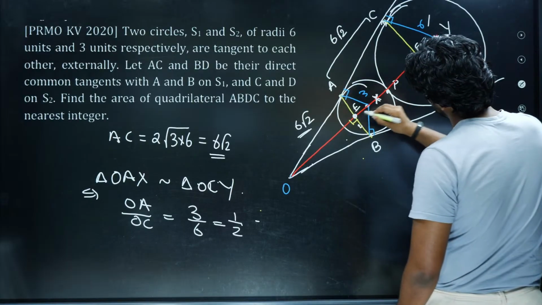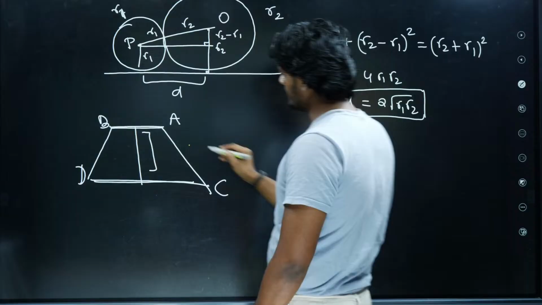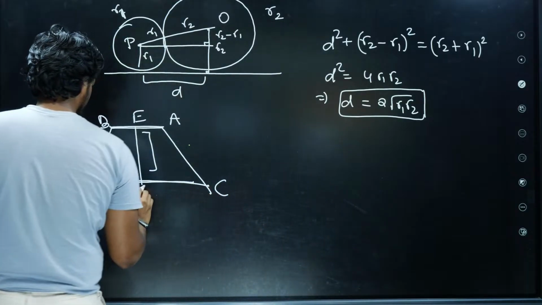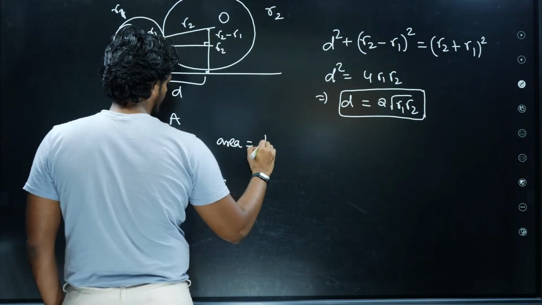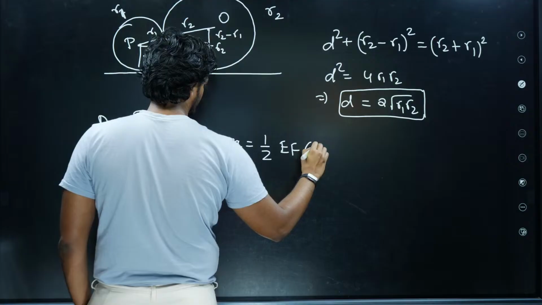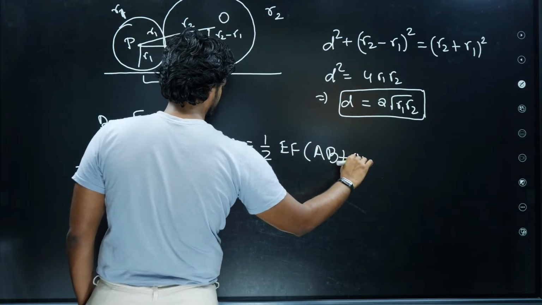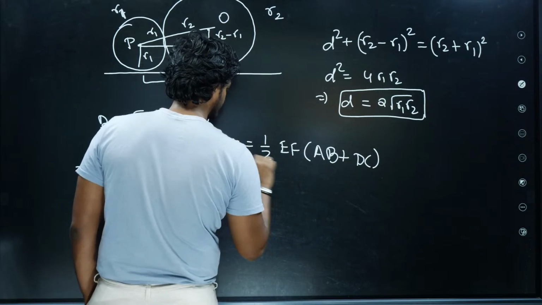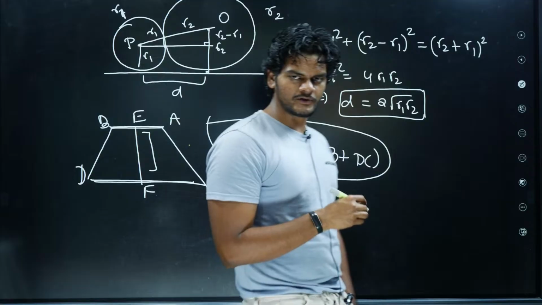I named this point E and this point F. So we actually want to find EF. So the area becomes EF into AB plus DC. This is the area we want to find. So let's look at a few more things.